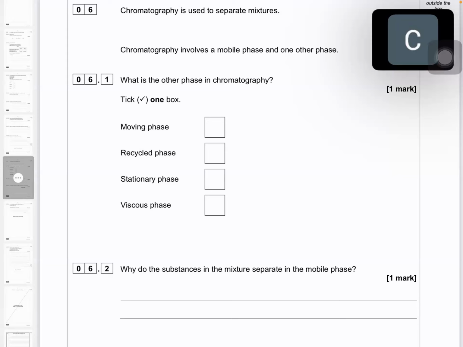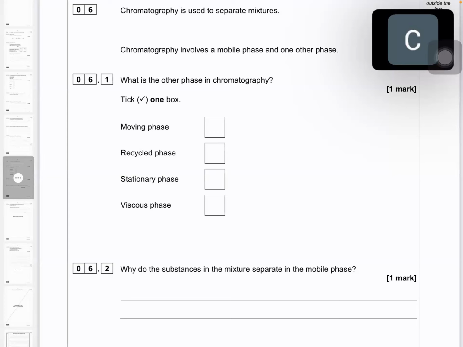Once it's dipped in that liquid and they put that substance at the middle, the substances inside the mixture will separate. Why? Because somehow they dissolve at different rates, speeds in that liquid that was used to soak the filter paper. So that's just the basic principle of chromatography.